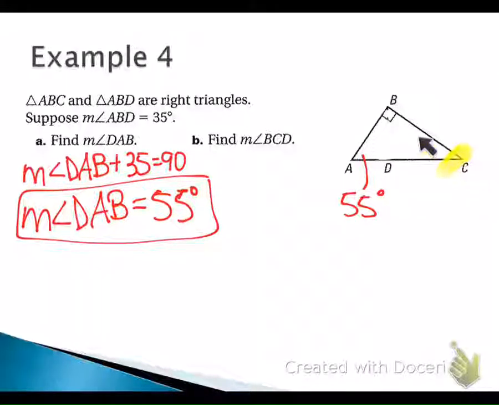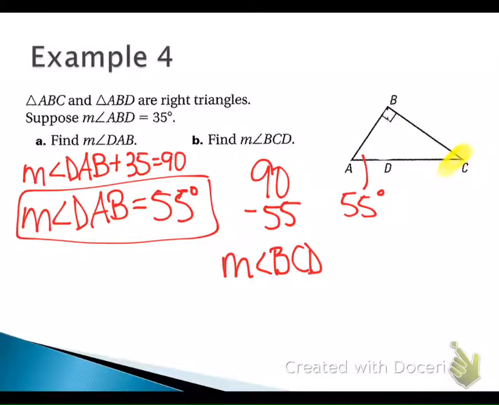Okay, so now I can see I have a larger right triangle. These two angles here have to add up to 90. So I can just take 90 minus the 55, and I get that the measure of angle BCD is equal to 35 degrees.